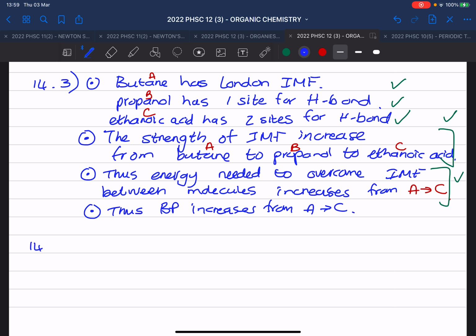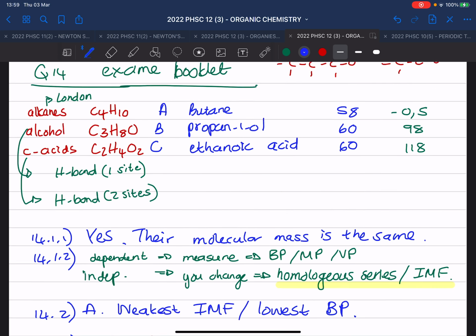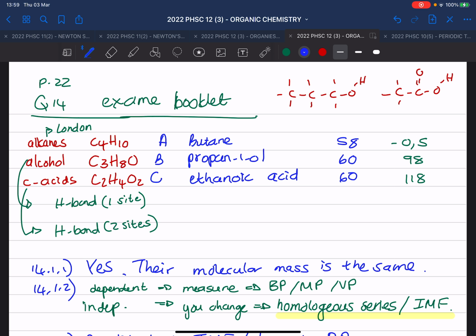Okay, then 14.4, they ask, let's just get to my question again. Which compound, butan-1-ol or propan-1-ol, so butan-1-ol is not there, has a higher boiling point? If you had propan-1-ol compared to butan-1-ol, which one will have a higher boiling point? So they want to compare propan-1-ol with one that is not here, butan-1-ol. Propan has 3 carbons, but butan has 4 carbons.